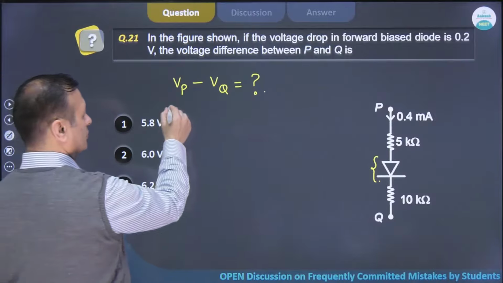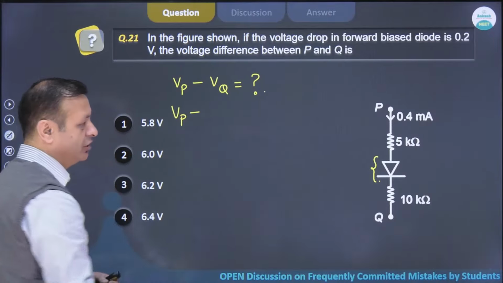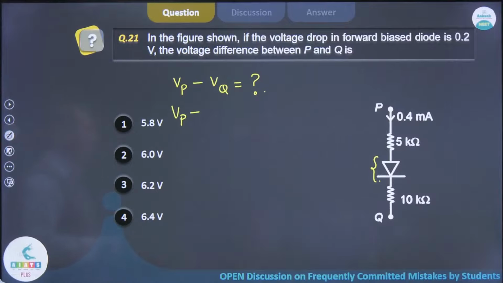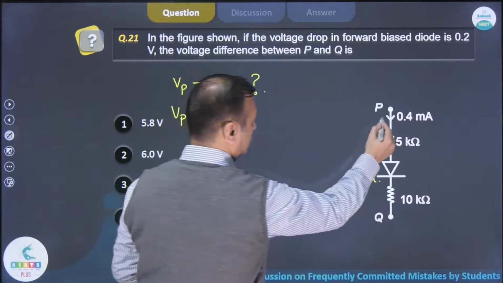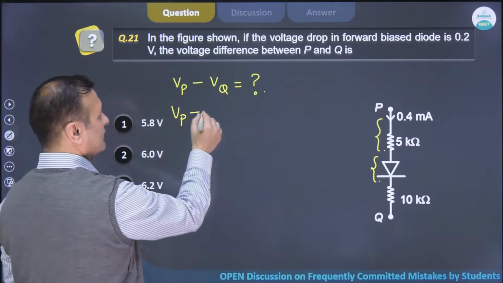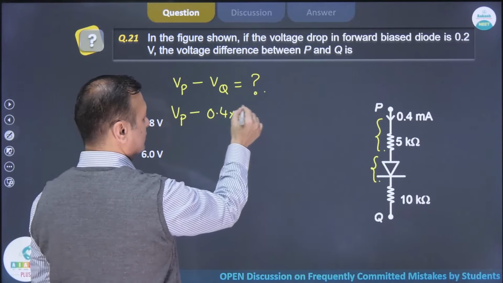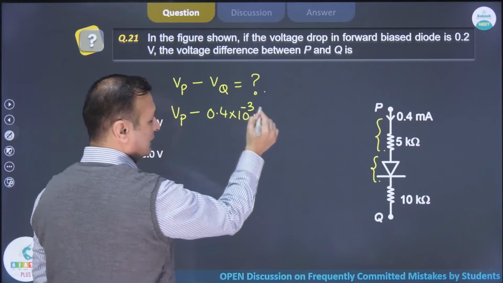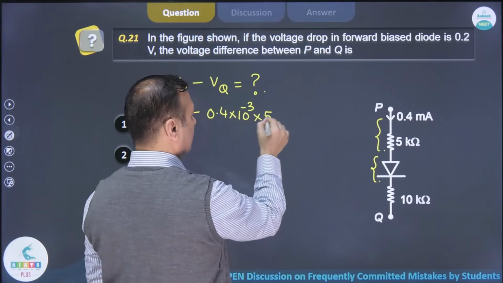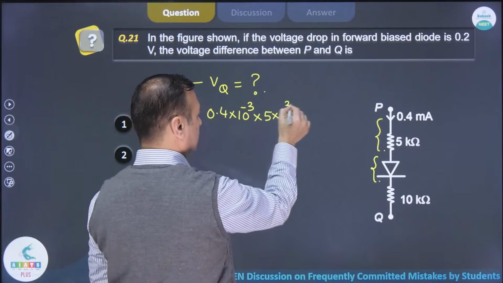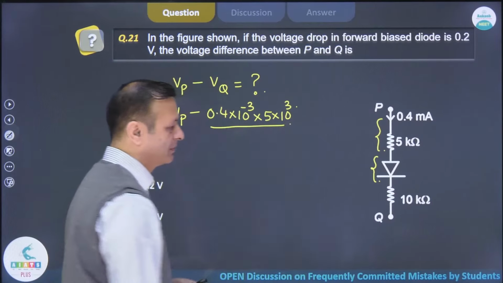So potential at point P is Vp minus, so there is some potential drop across this resistance, and that is 0.4 milli, in the sense 10 to the power minus 3 ampere, multiplied by this resistance, which is 5 kilo, 10 to the power 3. So this is the potential drop.